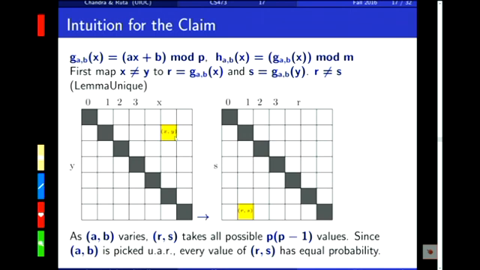Okay? So when we say R not equal to S, suppose this is a P by P matrix, so there are P square elements. If R cannot be equal to S, that means you are excluding the diagonal. So suppose you are plotting R here and S here. Then how many possible R, S pairs are there?